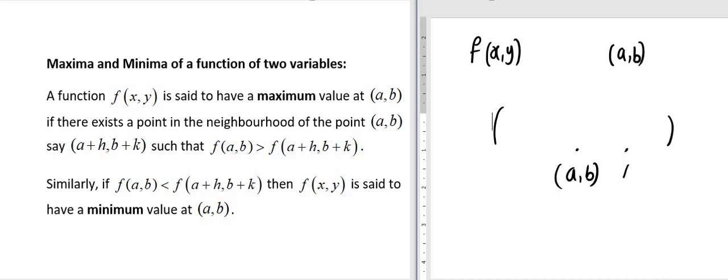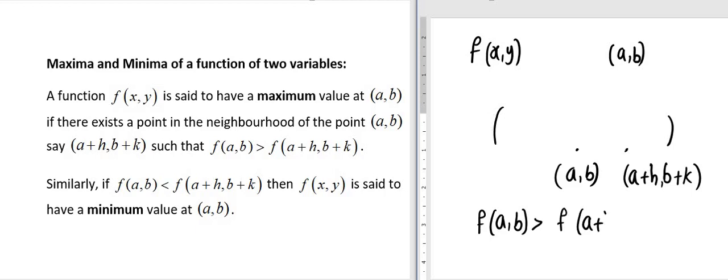In this neighborhood, a plus h comma b plus k is a point. If f of a comma b greater than f of a plus h comma b plus k, then we say that f of x comma y is having maximum value at a comma b.